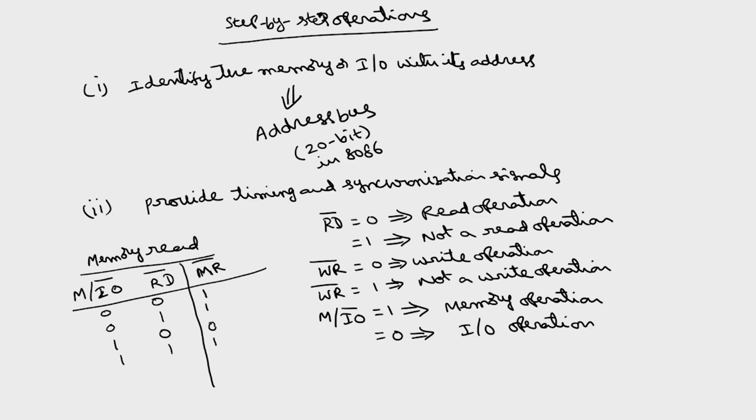So, using these 3 signals, what is the logic circuitry required to generate memory read bar? The memory read bar logic expression will be memory read bar is equal to M by IO bar, this is 0, so we can have M by IO bar is 1, so M by IO bar plus RD bar.